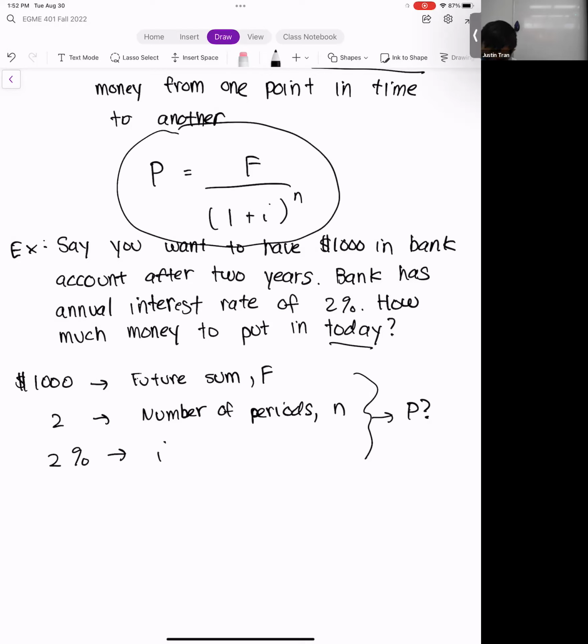Okay. And so what we have is 1,000 divided by 1 plus 0.02 raised to the second power. Okay. And so we plug all those numbers in, we punch into a calculator, and what we get is $905.73.